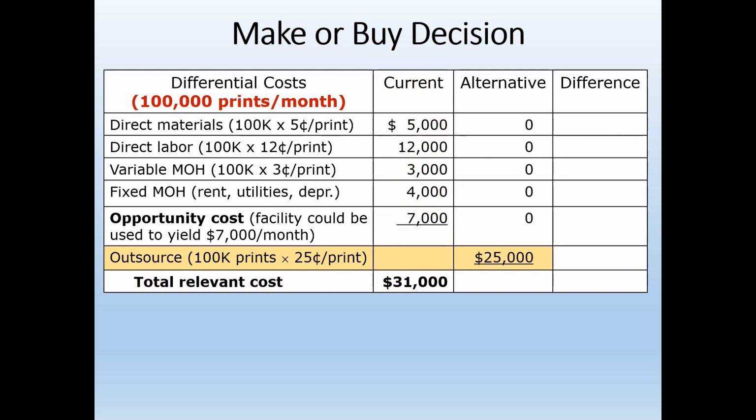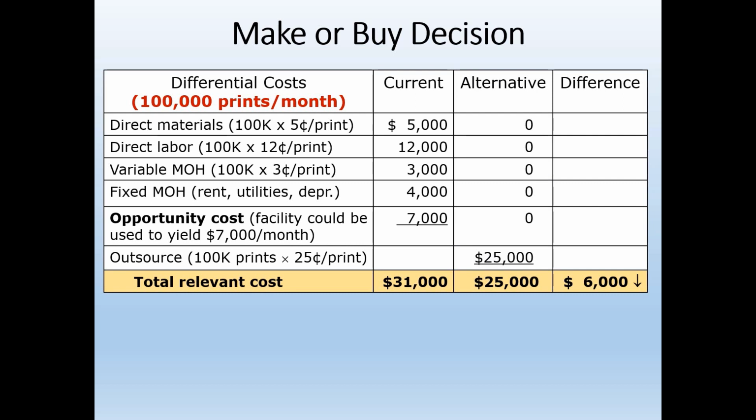If the firm chooses to outsource instead, then the total cost would be 25 cents per print times 100,000 prints for a total of $25,000.